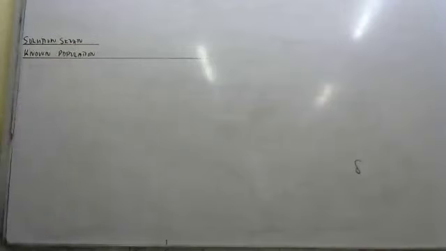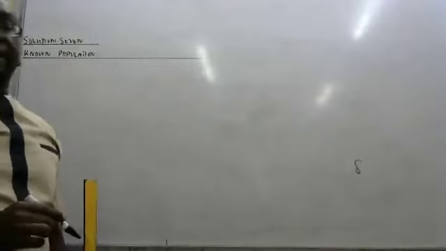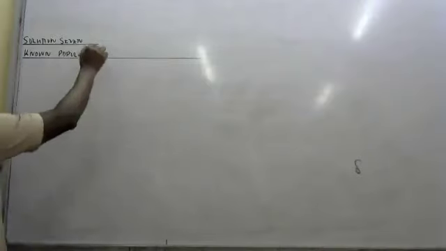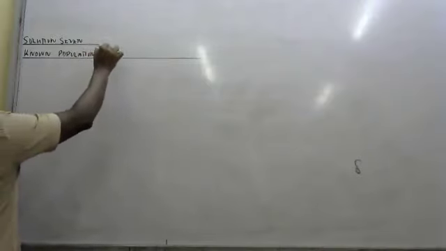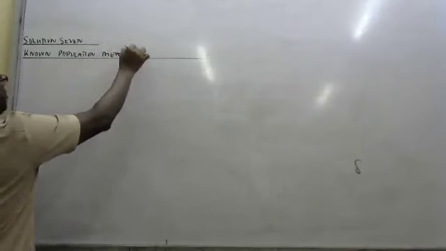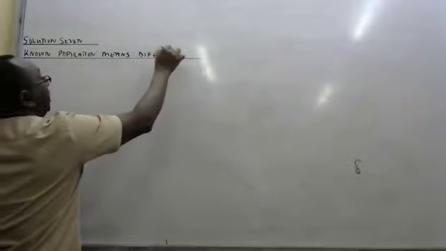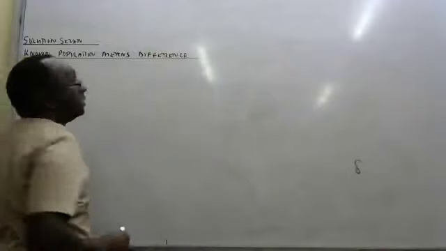And then there are 2 means, so we are looking for the means difference. So there are 2 in our equation, means difference. You want to get the difference between those 2 means.